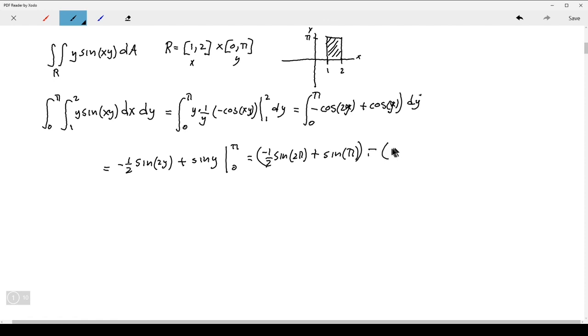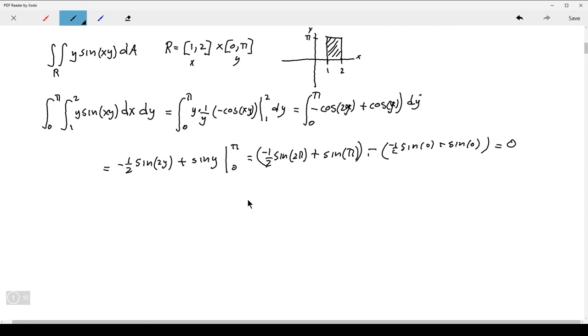Minus negative 1/2 sine 0 plus sine 0. All of this is 0, isn't it? Sine 2 pi is 0. Sine pi is 0. So all of this equals 0.